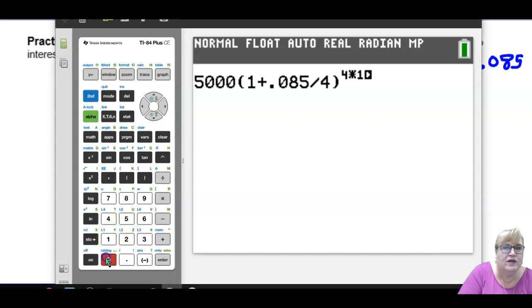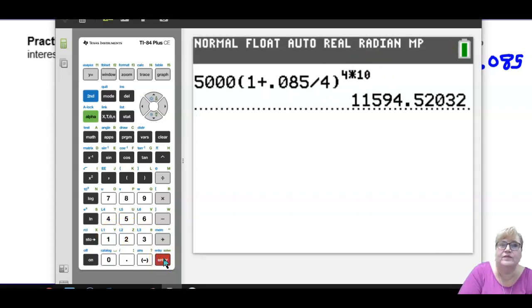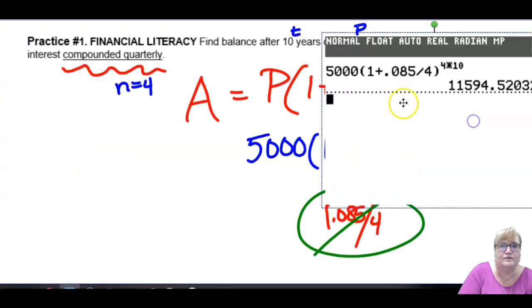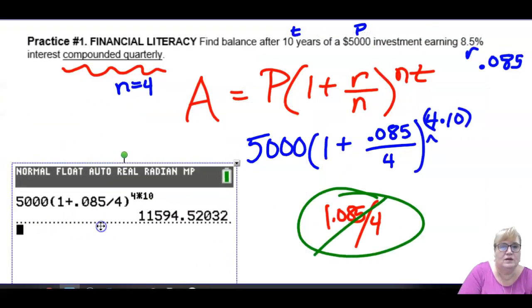As long as you have a newer calculator and it goes up in those little exponent boxes, then you're good. So I have $11,594.52. So we just need to round to the nearest penny.